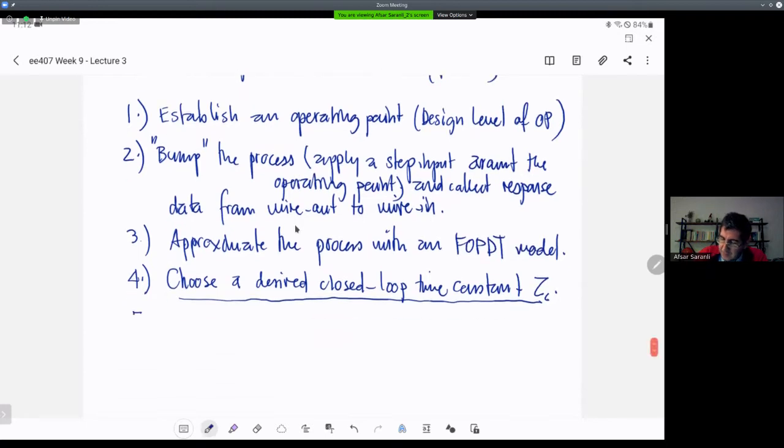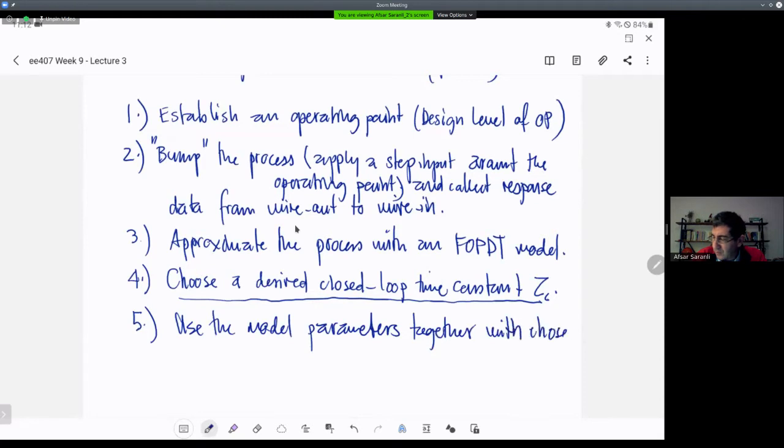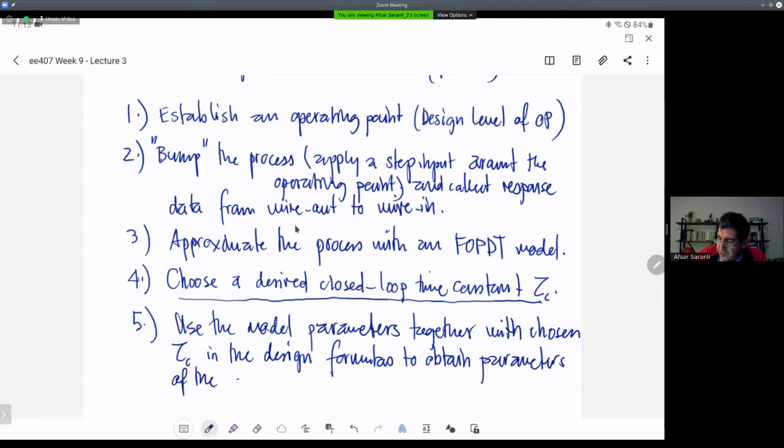The fifth step is use the model parameters together with the chosen tau c in the design formulas to obtain parameters of the chosen controller, that means P, PI, PID, whatever.